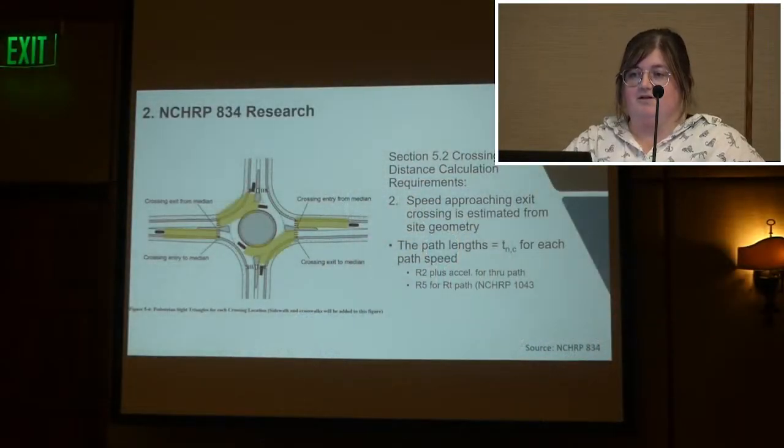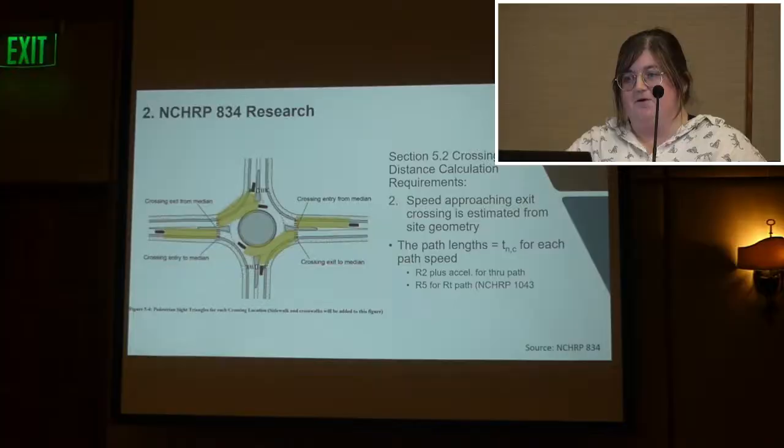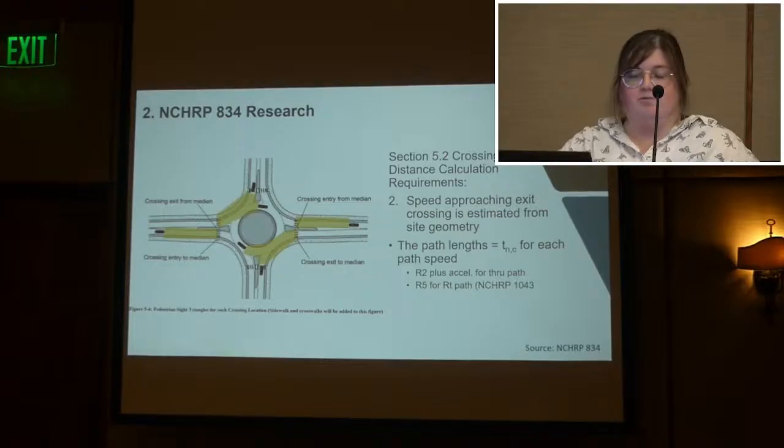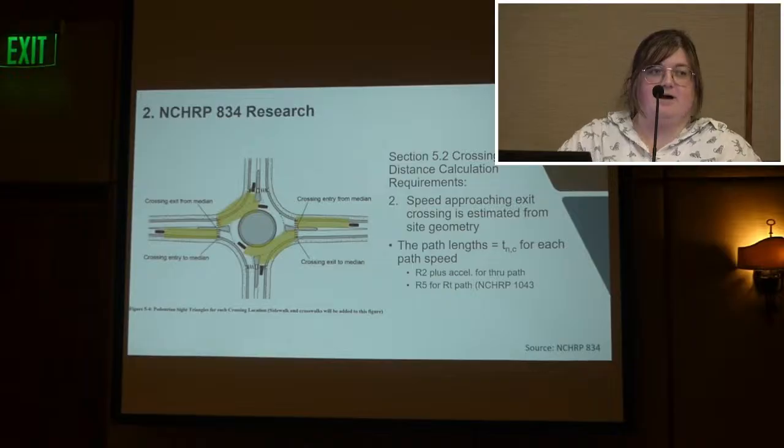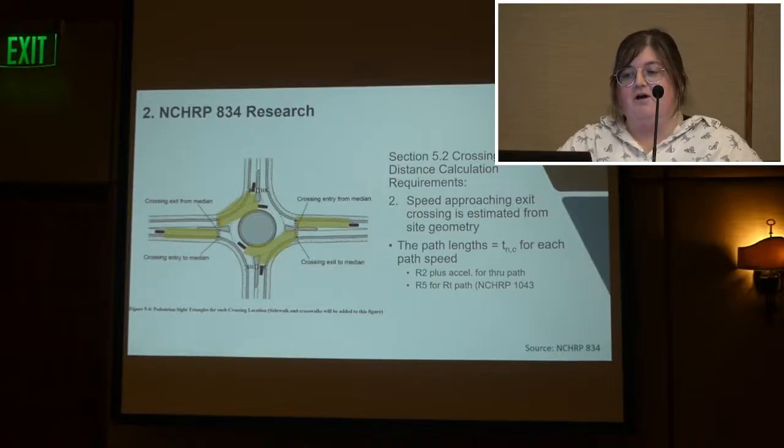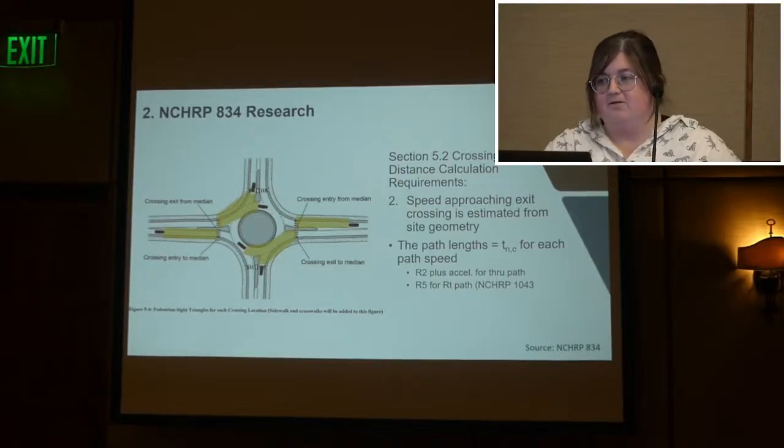So bringing that together for the roundabout, we want 2 speeds. According to NCHRP 834, one of them is going to be your R2 plus your acceleration. That's for the through path. And then the R5 for the right path. R2 is your circulating speed, R5 is your right turning speed.